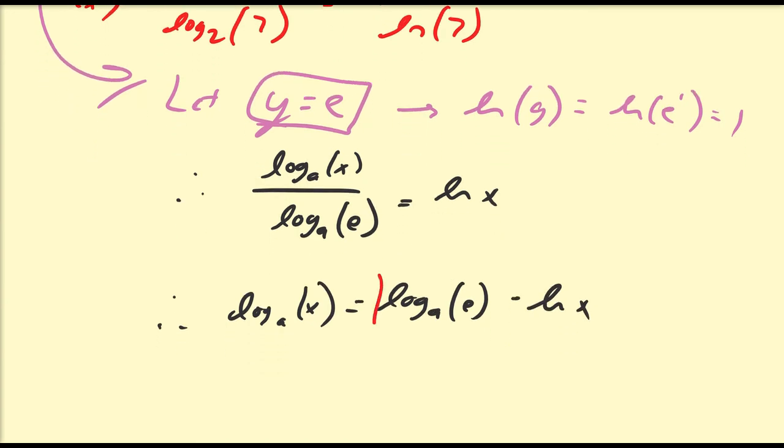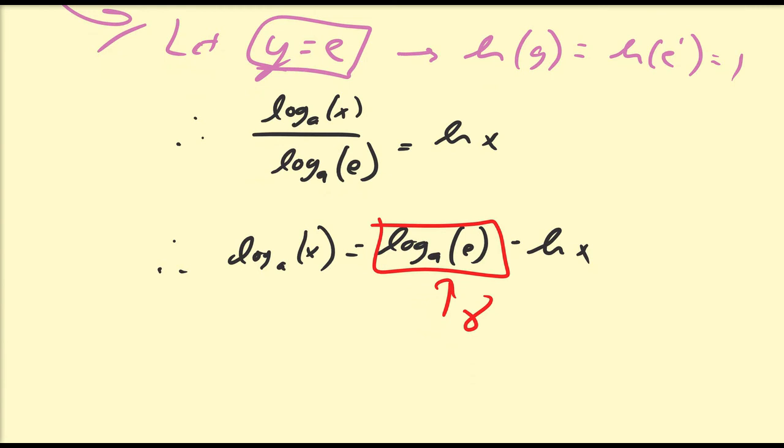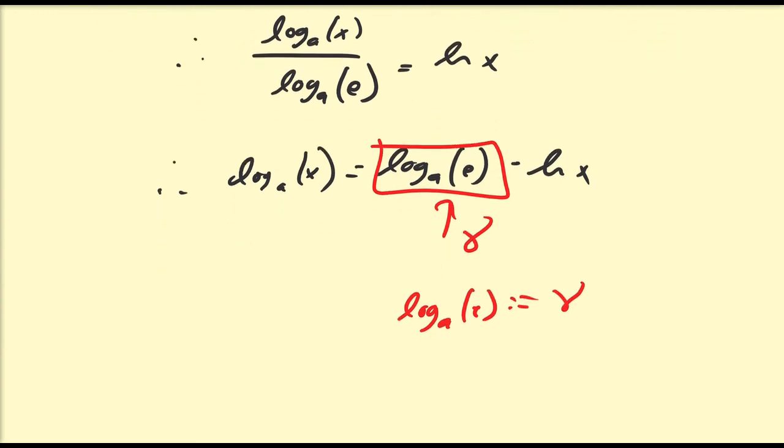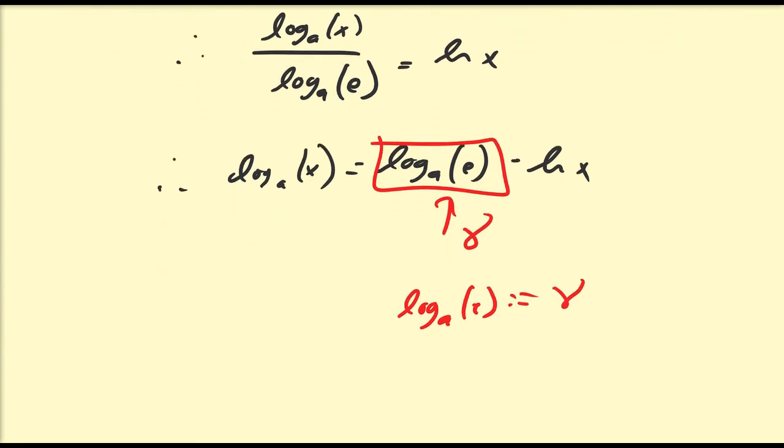I don't exactly know what the log base a of e is, so I'm going to call this some number, say gamma. So if the log base a of e is defined to be equal to gamma, then in exponential form, a to the power of gamma is equal to e.